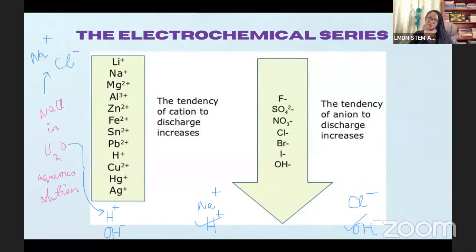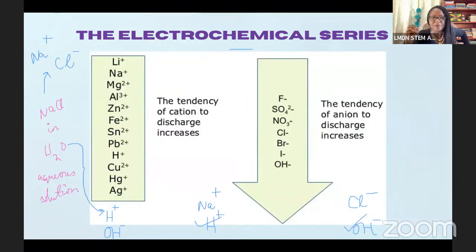So Jamar said, Miss, wouldn't hydroxide be discharged only in a dilute solution? Yes, that's exactly right, because not only is hydroxide below chloride in the electrochemical series, now you don't have as much chloride, period. So the chloride is not going to be able to compete.